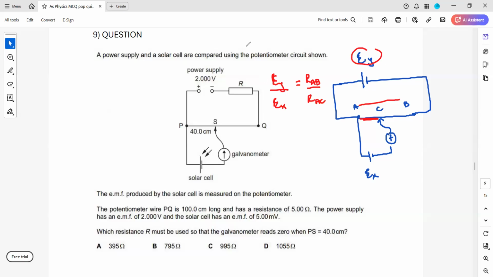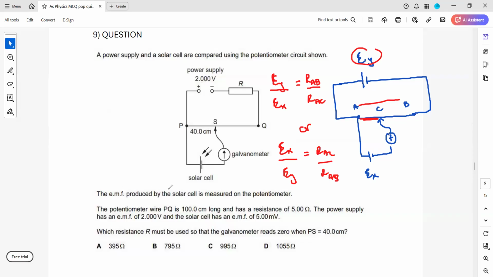Now the same concept we will use. You can do it the other way around. You can also write EX over EY is equal to RAC over RAB. So the ratio of the resistance and the ratio of the length is always the same when the galvanometer reading is zero. That's the concept of a potentiometer. Using this, we can work out the unknown voltage or a resistance of the component.